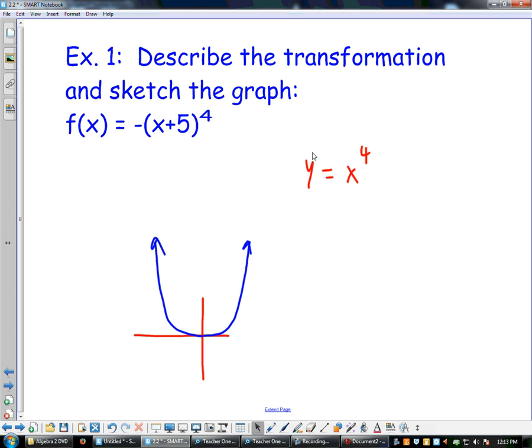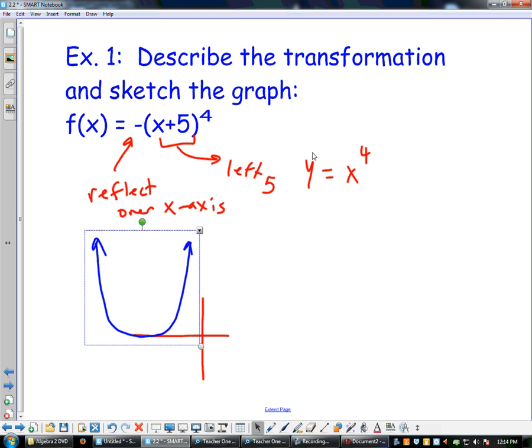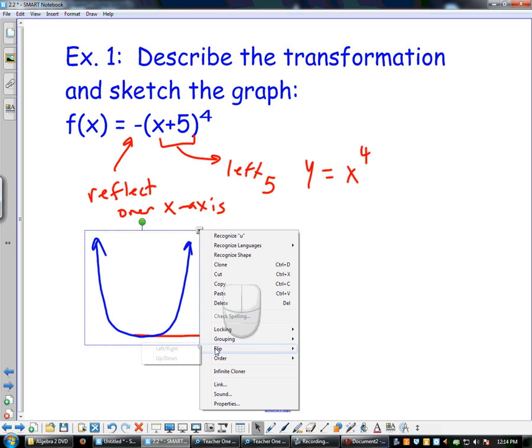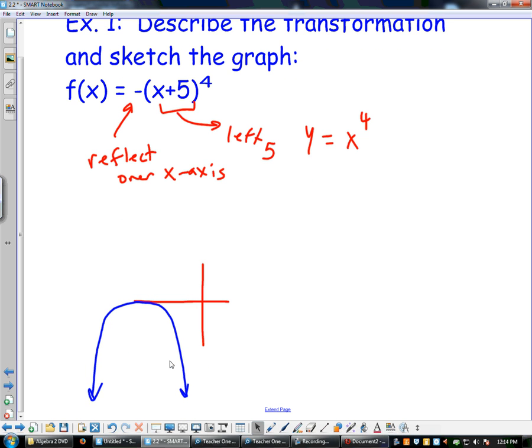Okay, so this negative here is going to be reflecting our graph over the x-axis, and what about the plus 5? Move it to the left. All right, it's going to shift to the left 5 units. So if I shift this to the left 5 units, and then I flip it, it's going to look something like this. Everybody agree? Yes. Does that look all right? Okay.